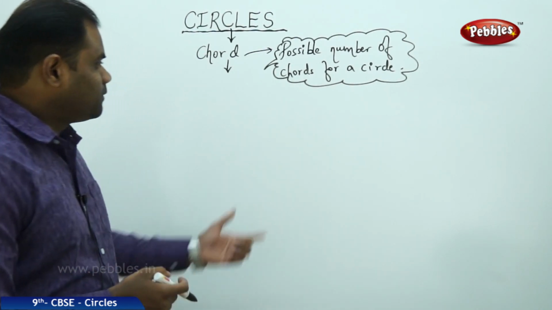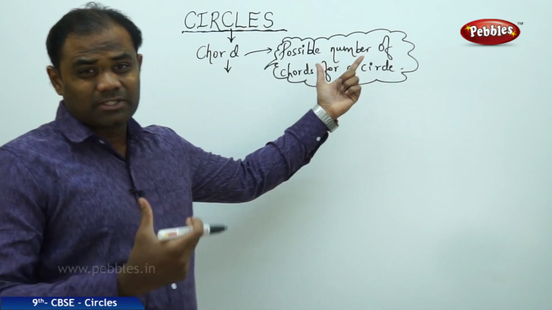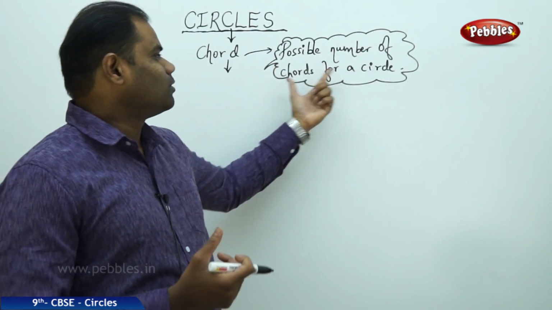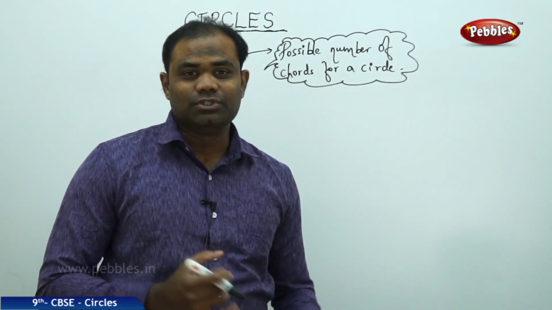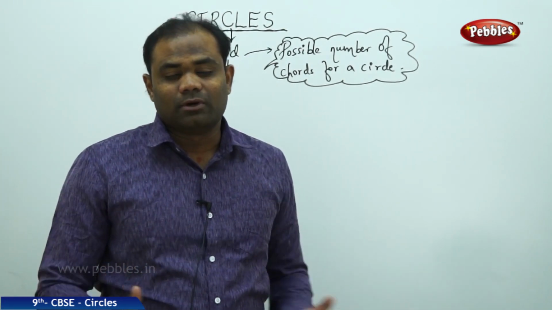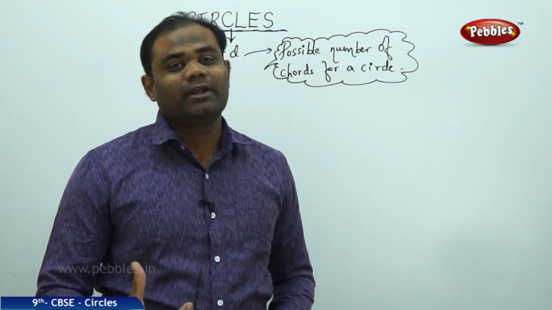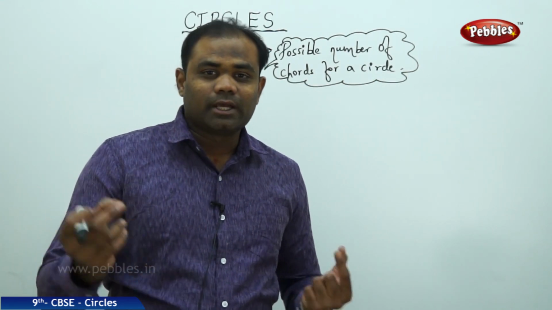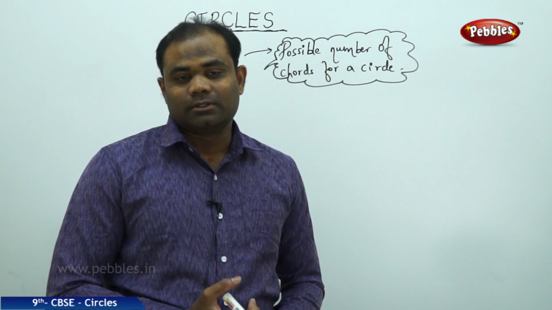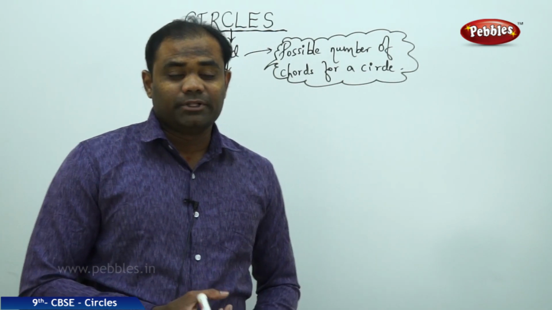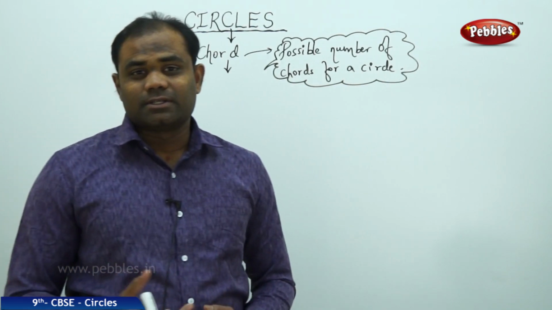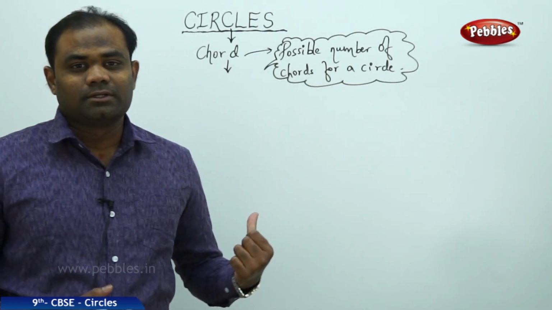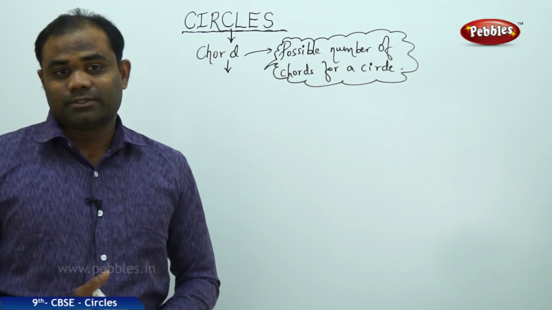So now that we are investigating the possible number of chords for a circle, let's take a circle and investigate with joining of 2 points, because a chord is defined when we join any 2 points of the circle. The line segment obtained by joining any 2 points in the circle is a chord, which we are going to investigate with various points taken on the circle.